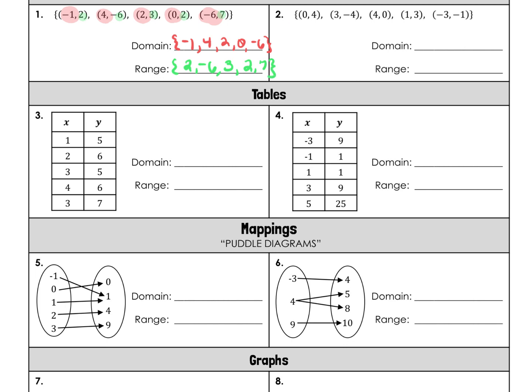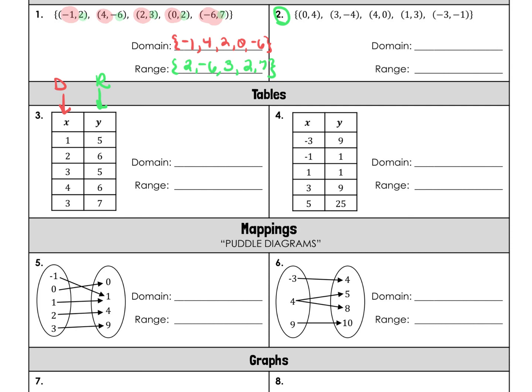I'm going to leave you to do this one on your own. Again, look at number 3. The domain. I should do that in red. Let me erase that. This is your domain. And this is your range.